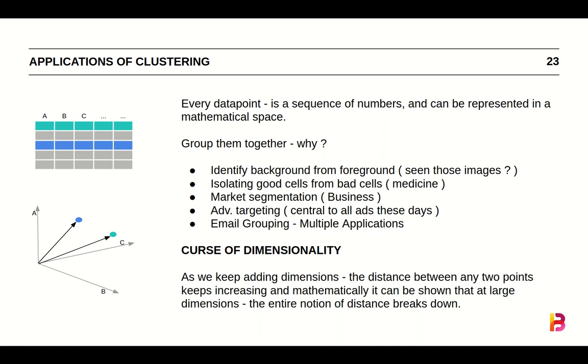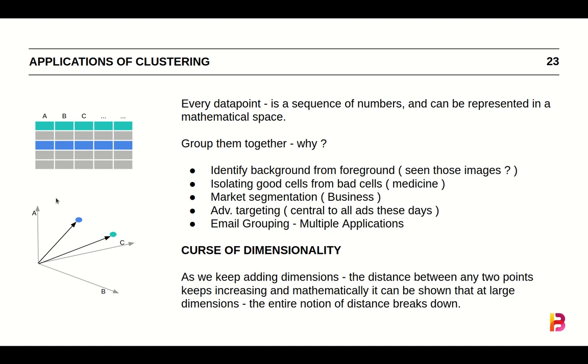It so happens, and there is a mathematical theory behind it, which I would not go into, but it is available on the net. If you Google curse of dimensionality, you can find that article. It is shown that after a certain number of features, the entire notion of distance breaks down. That means the distance between any 2 points and every 2 points would tend to infinity, regardless of how close they are in a lower dimensional space.